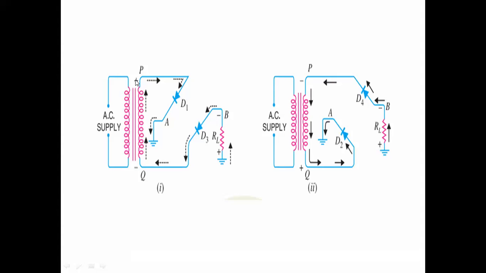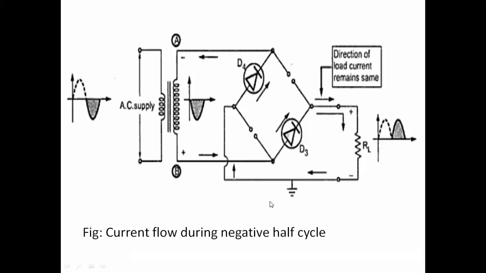So when the positive terminal is applied, depending upon the diodes, it will be given accordingly. Now when the negative half cycle is applied, this terminal becomes positive and this terminal becomes negative.